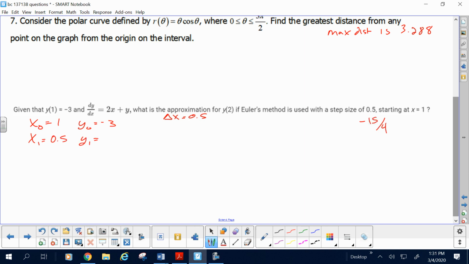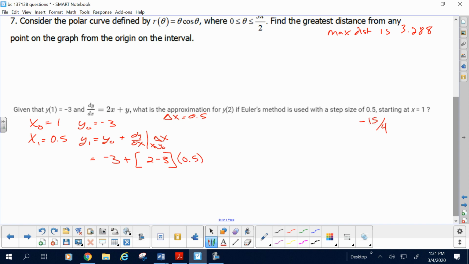y1, formula, y initial plus dy dx, evaluated at x initial, y initial, times delta x, substitute. The initial y is negative 3 plus, and I get into the derivative at the previous point. So that's 2 minus 3, and the delta x is a half.